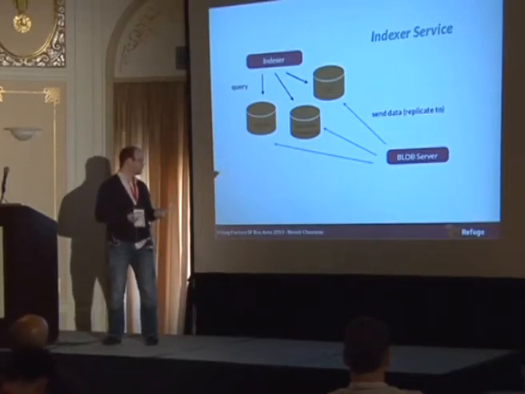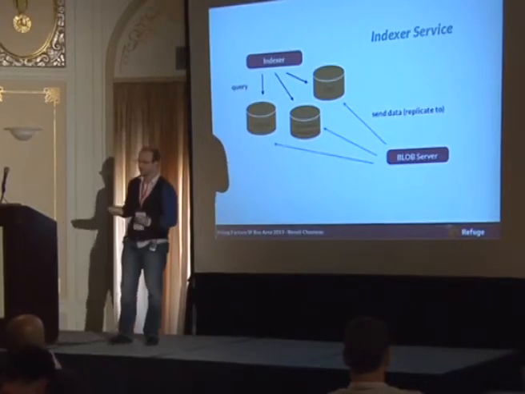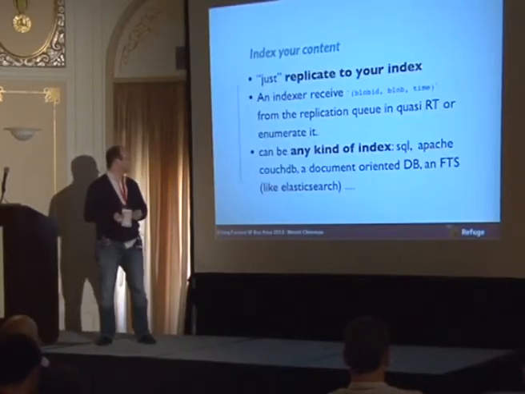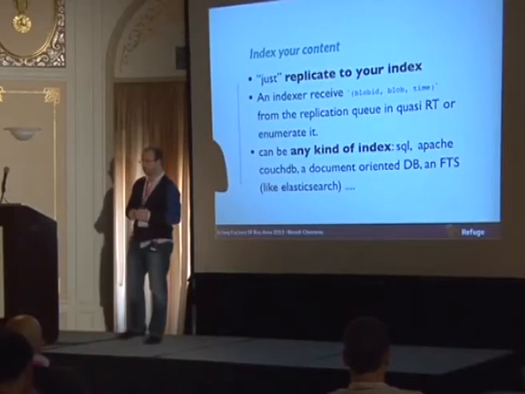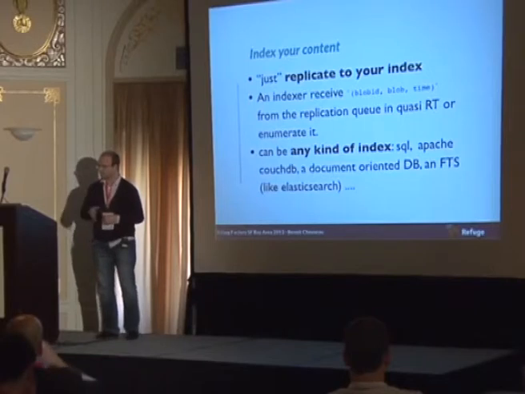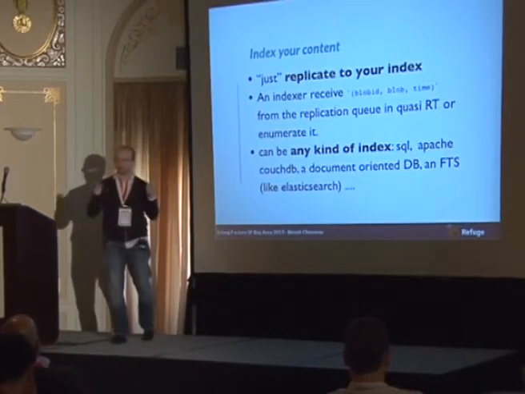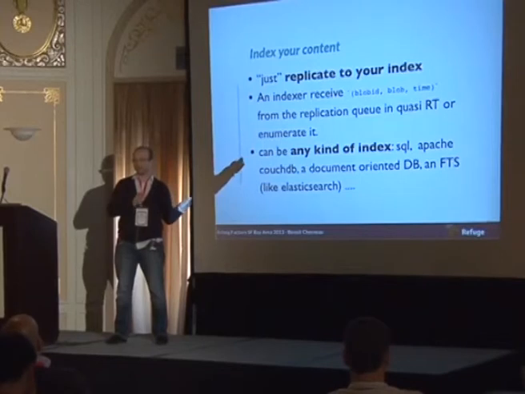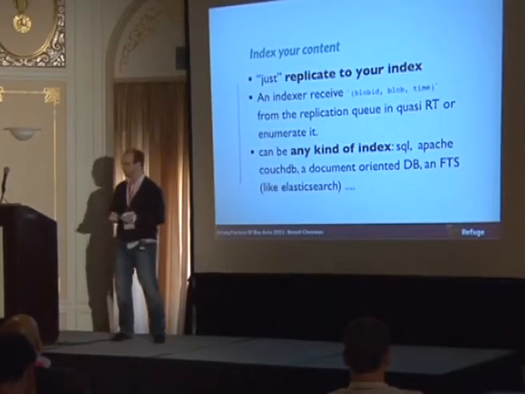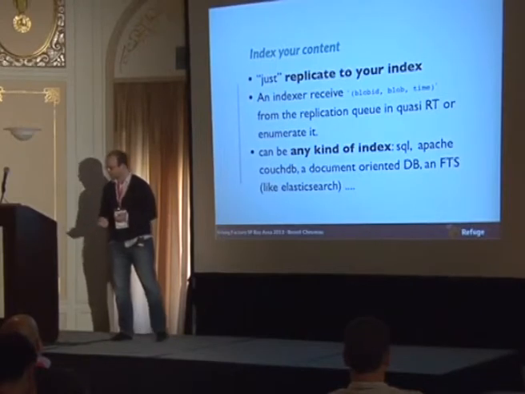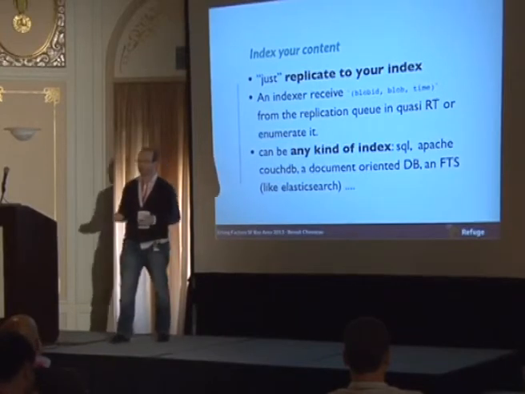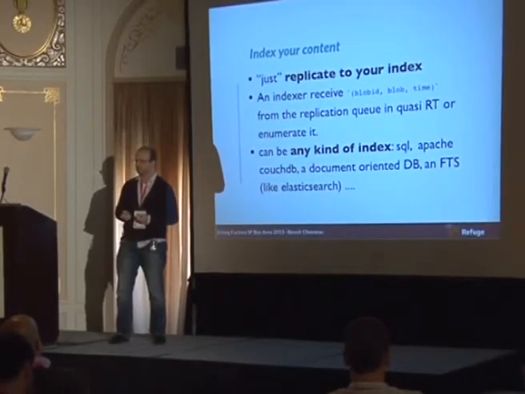It can be an SQL indexer, it can be a document-oriented database like CouchDB or other things. It can be an FTS. So the way it works is you just replicate your index to the indexer. An indexer will save a tuple containing the blob ID, the blob, and the date the blob has been uploaded. And so you get it in quite real time, just like the changes feed in CouchDB.